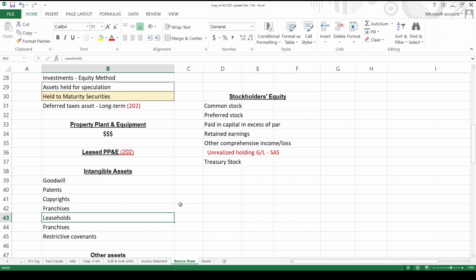Leasehold. Okay, it's one you don't see in the textbooks. You acquired another business. Now the business you acquired had a long-term lease, and the monthly rent under the lease is $10,000. But it's a really good lease, and everybody else in the neighborhood is paying $12,000 a month for the same square footage.